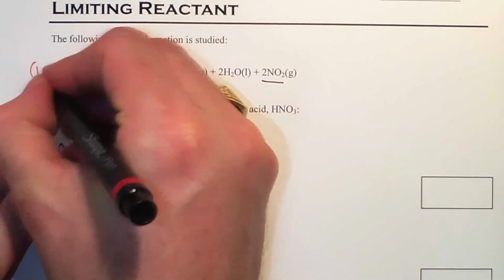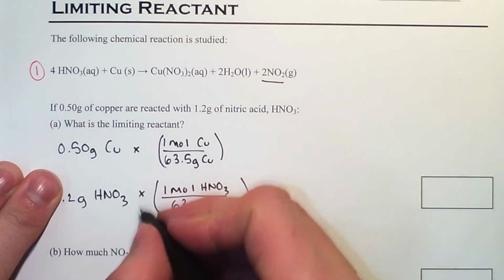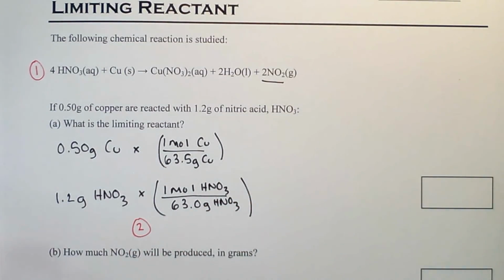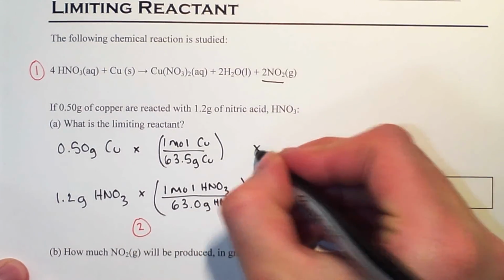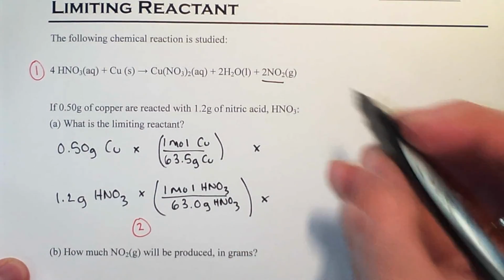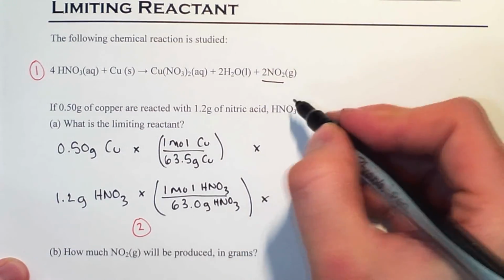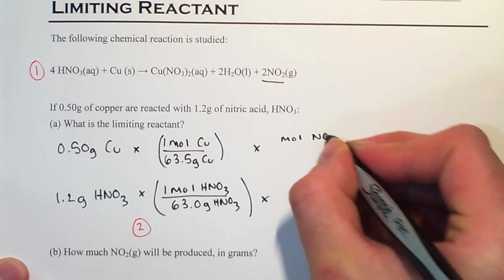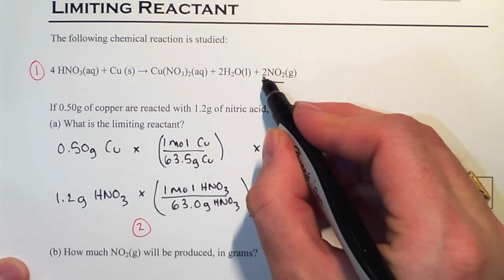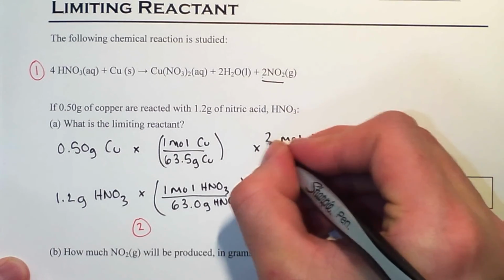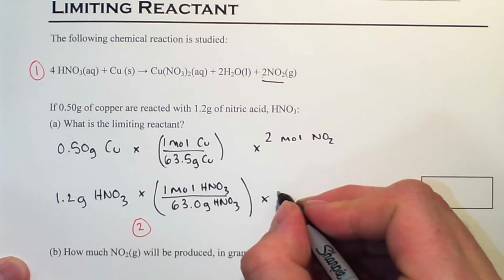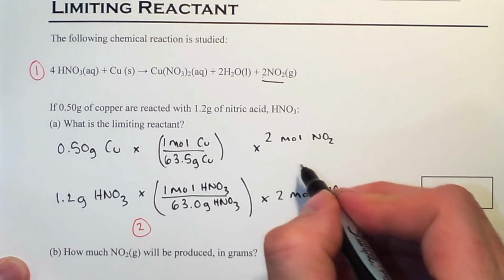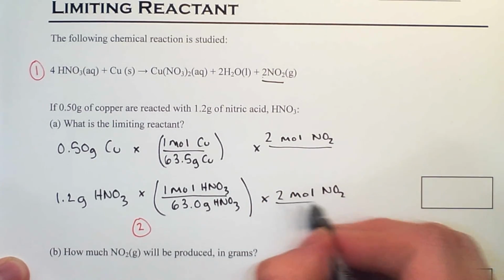So remember, we have our steps. The first step is balance the equation. Our second step will be convert to moles. We now need to apply the stoichiometric ratio. So on top we write what we want, so moles NO2, and the number of moles is whatever the coefficient is. I'm going to do the same thing for both of these expressions, so they're both going to be what's on top.